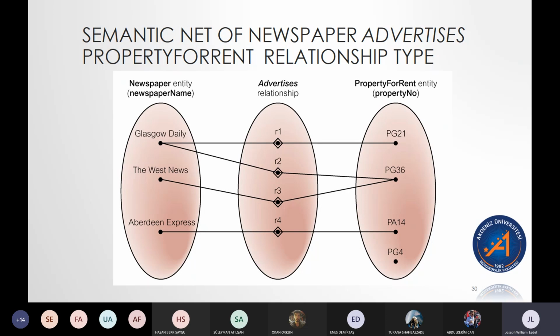Are we forcing newspapers to always advertise our properties? Do we have that power over the newspapers? What do you think?